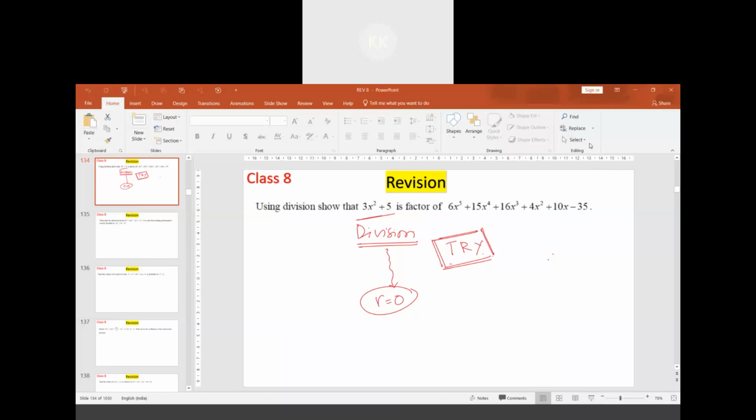The last question was related to division, and to check whether the given divisor is a factor, we have to get the remainder as 0. Hope you have done this question. Did you get remainder as 0?